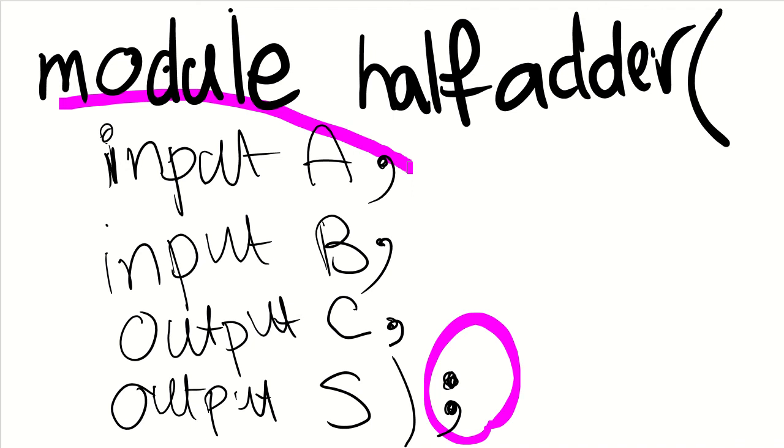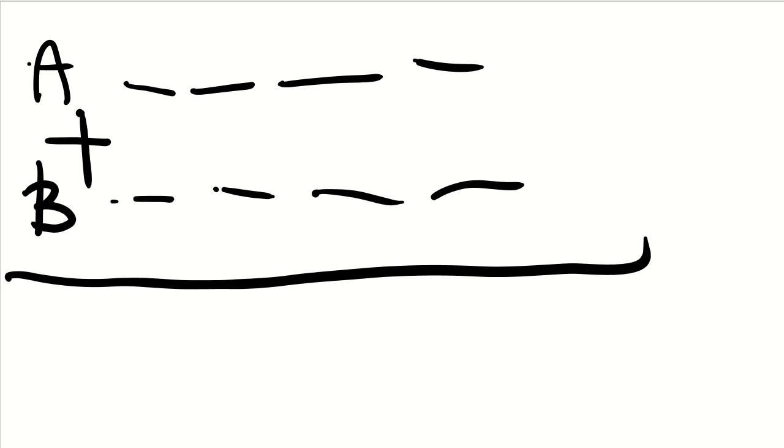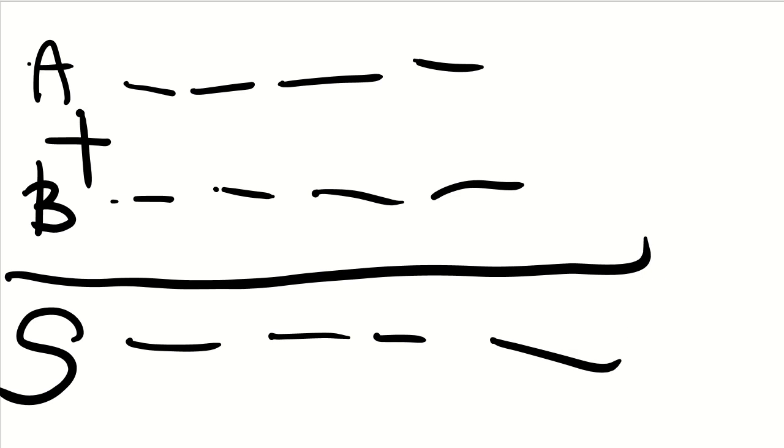So now let me start with a 4-bit adder. So what do I mean by 4-bit adder? You have number A that has 4 bits, okay? And then you have another number B, it has 4 bits, okay? So you add them. You want to create a circuit that adds them. So the output, let's say S, is a 4-bit number, which contains the result of the addition.